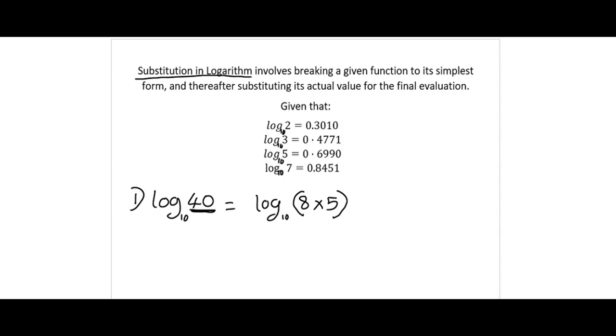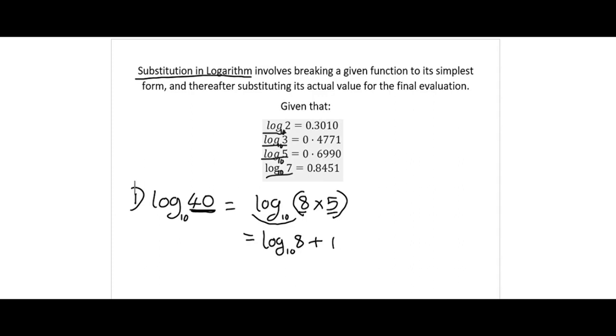So I will keep on breaking them until I have expressions that are included here in my work. So I'm going to open my brackets by using this log in base 10 to multiply each of these numbers, and when that happens I'll have a plus sign that separates them.